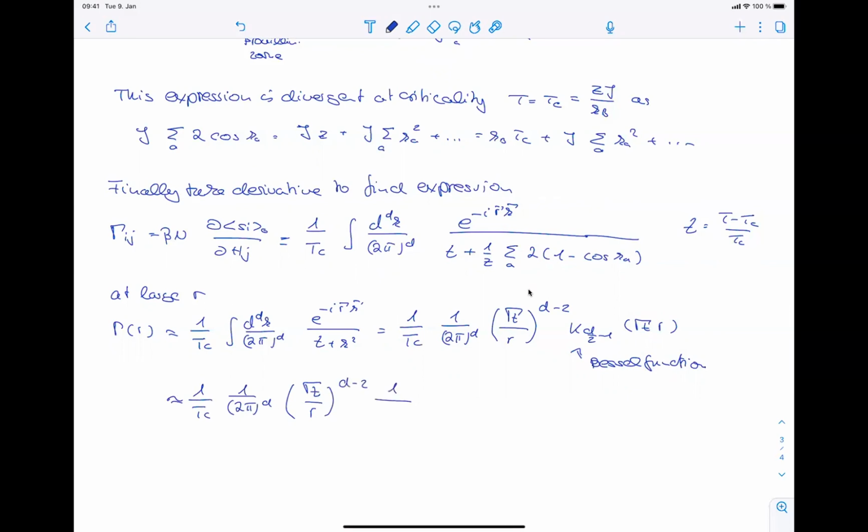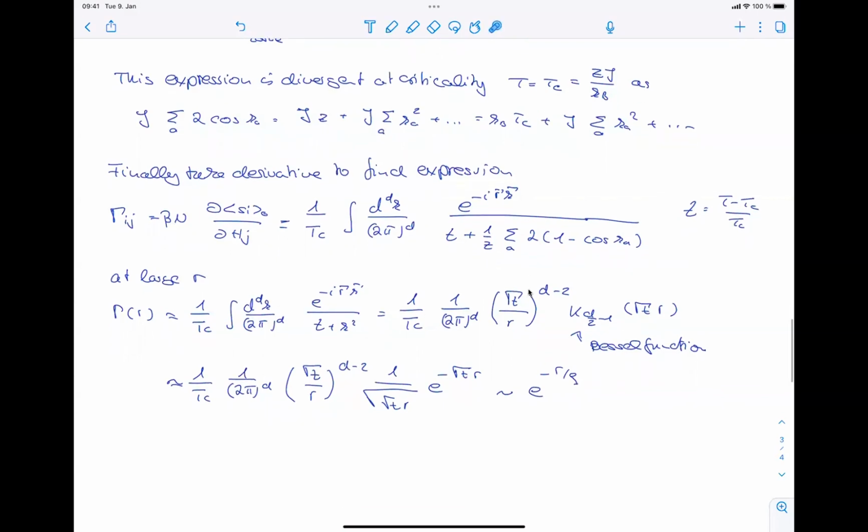And this is square root of the argument T over R E minus square root TR. So we can read off our correlation has an exponential decay. And remember, we defined the correlation length as the length scale over which our correlations decay. And so this is now written in here, so we can read off the correlation lengths.